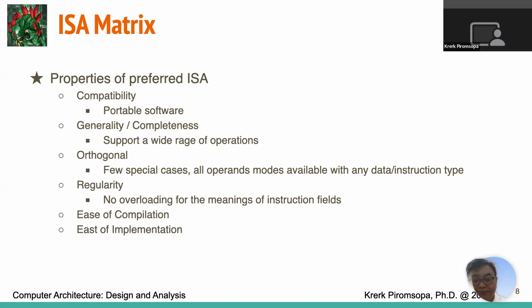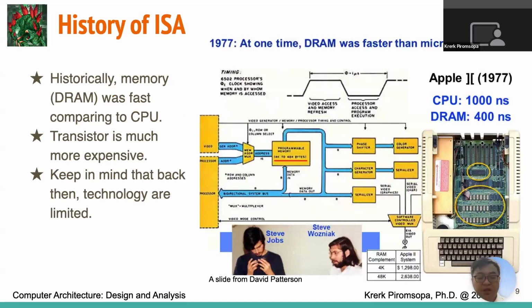All right. Let's see the example. Okay. This is the Apple computer in 1977. Just want to point out that the CPU is slower than memory back then.